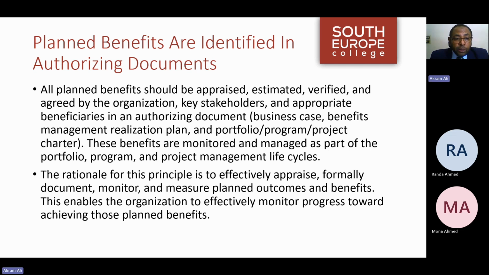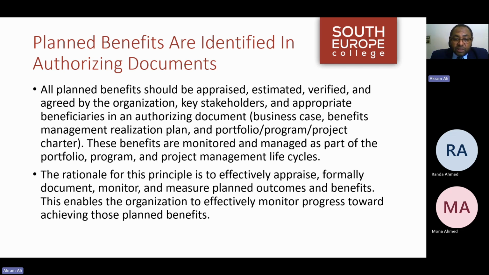The third principle, planned benefits are identified in authorizing documents. All planned benefits should be appraised, estimated, verified, and agreed by the organization, key stakeholders, and appropriate beneficiaries in an authorizing document.